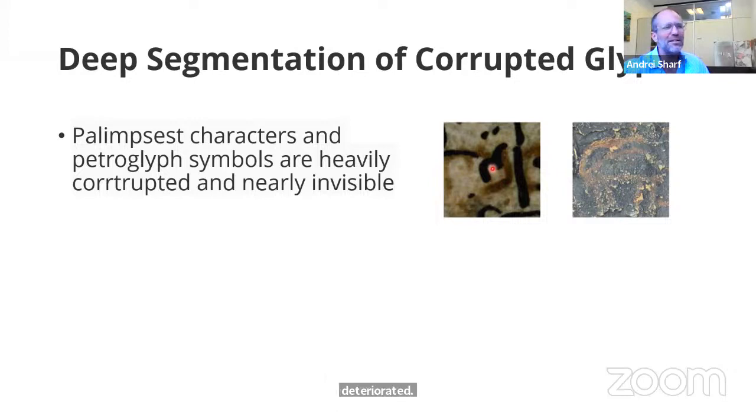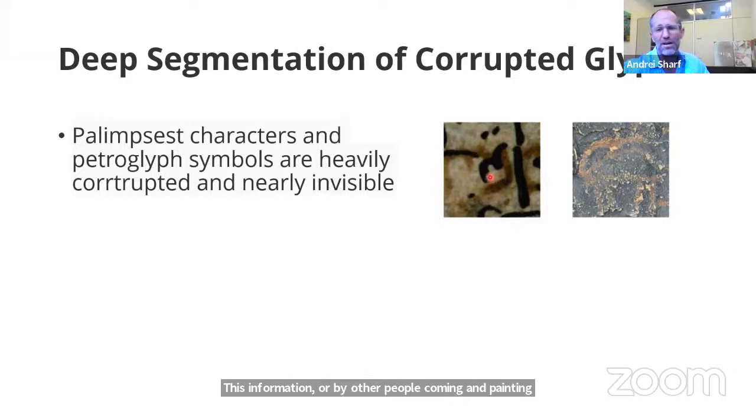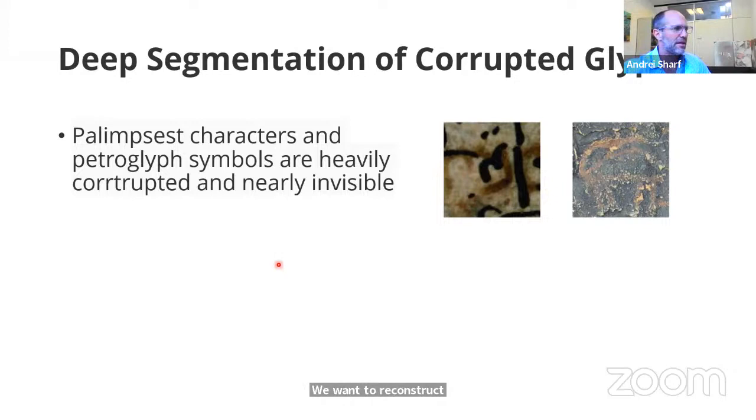They are corrupted either by nature, for example storms and the environment, or by other people coming and painting over these findings. And the problem is that we want to restore, to reconstruct the original information.